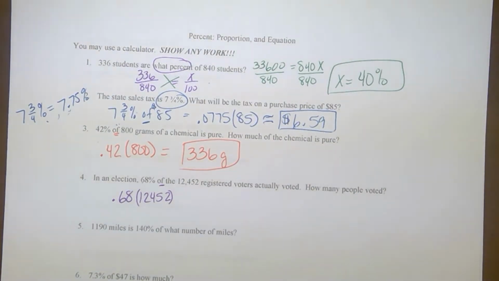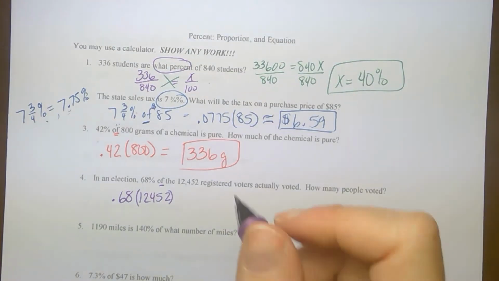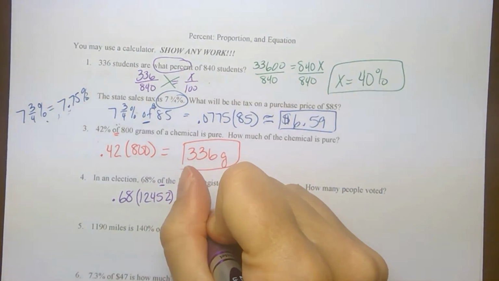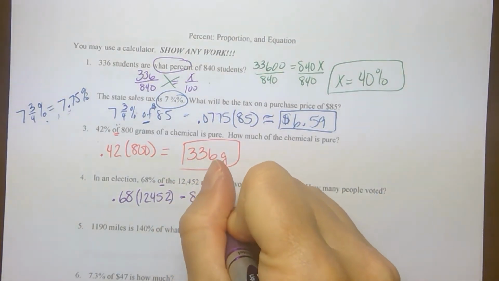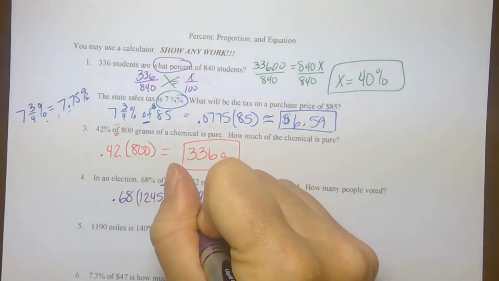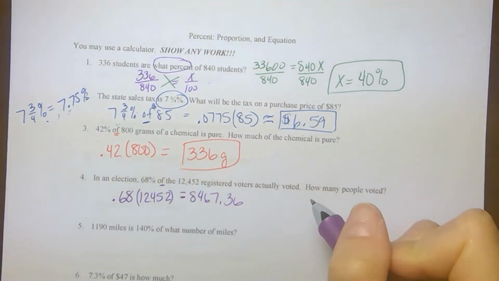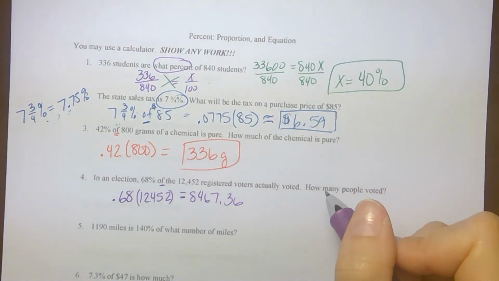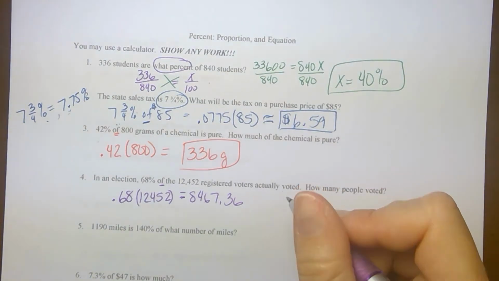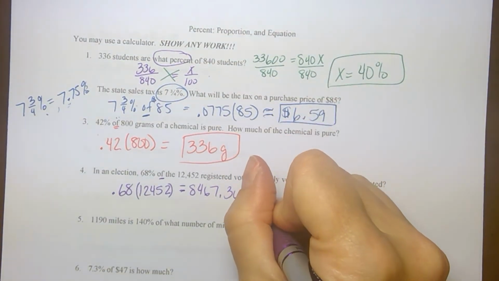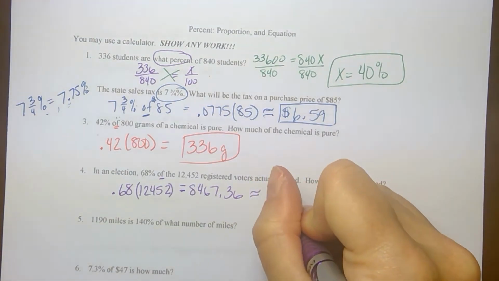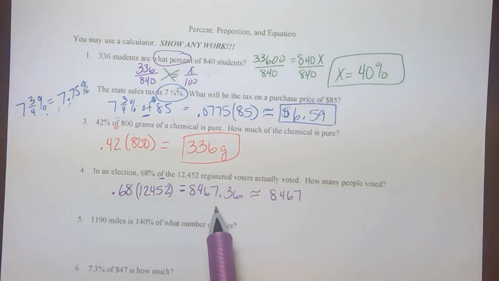When I plug that into my calculator, just like it looks, I get 8,467.36 people. Well, I can't have 0.36 people vote, so an exact answer does not make sense. So we are going to round that to the nearest whole person.